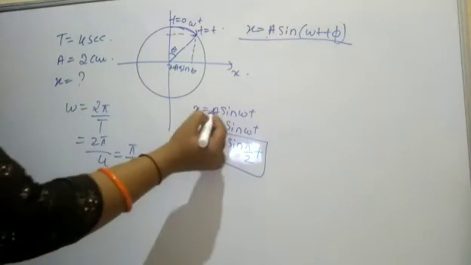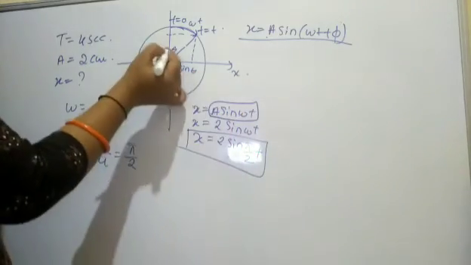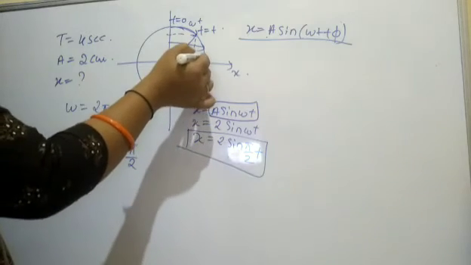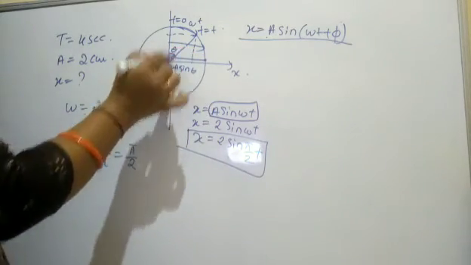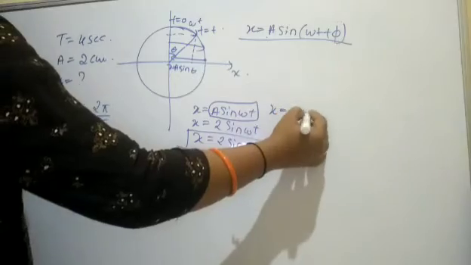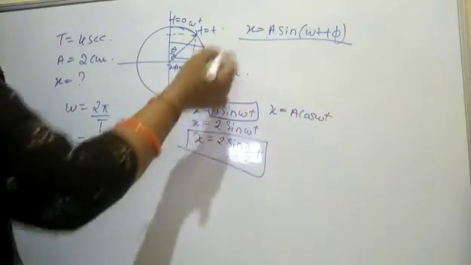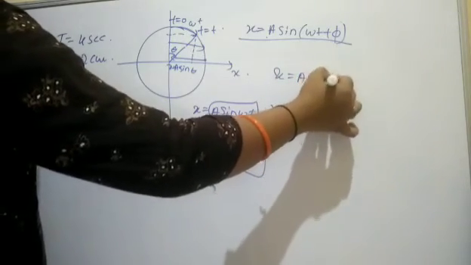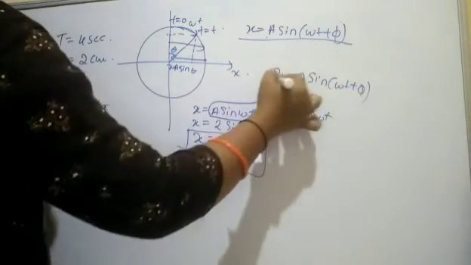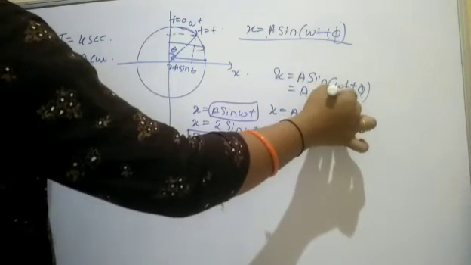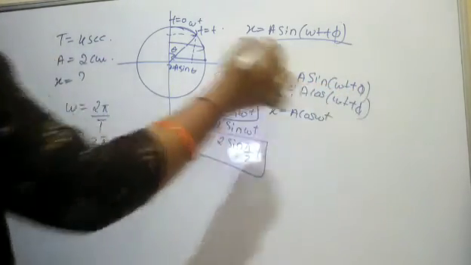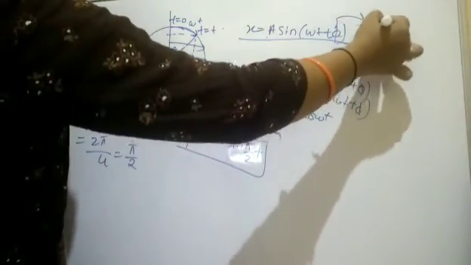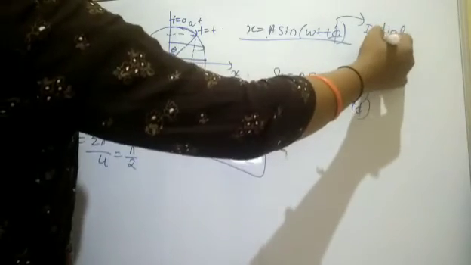So you need to understand here, a sin omega t means the particle is moving from mean to extreme position, and we know when the particle is moving from extreme position to mean position, x is equal to a cos omega t, and the general forms are a sin omega t plus phi and a cos omega t plus phi. So this is the general equation. What is the phi here? Phi is the initial phase.